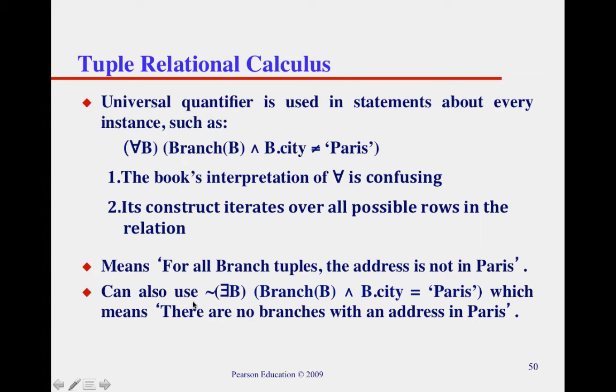And De Morgan's laws apply, so you can invert the meaning of for all to mean there does not exist a branch B such that B dot city is equal to Paris. And you can do the same with exists. You can invert it using De Morgan's law. So whichever way you think reads more appealingly is fine.